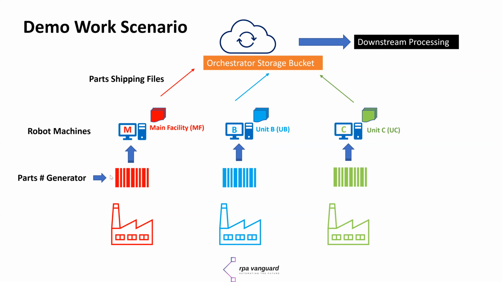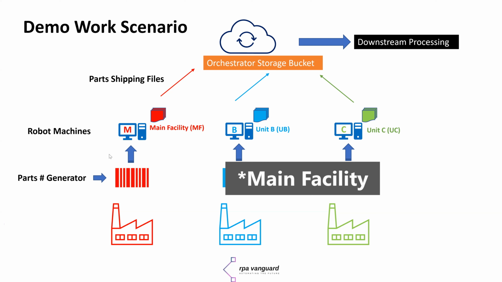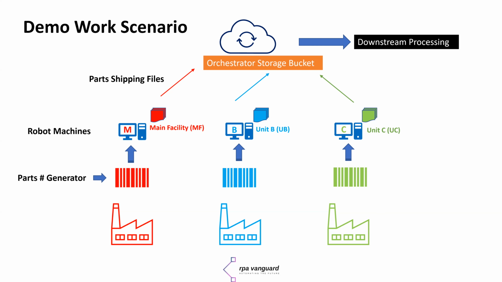Let us say on day one today, you are manufacturing 100 parts at manufacturing facility A, and 100 part numbers have been generated. All the part numbers have to be listed in a file through an automation, and then shipped off to your central orchestrator storage facility, right? So all the automations that are running across these manufacturing facilities are orchestrated from the orchestrator tenant.